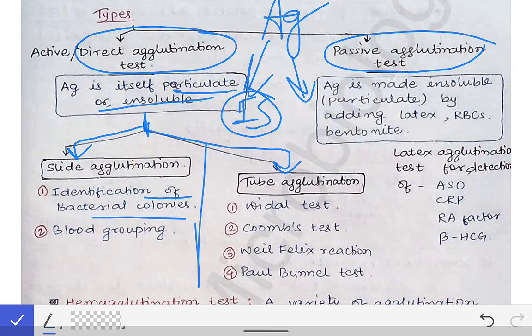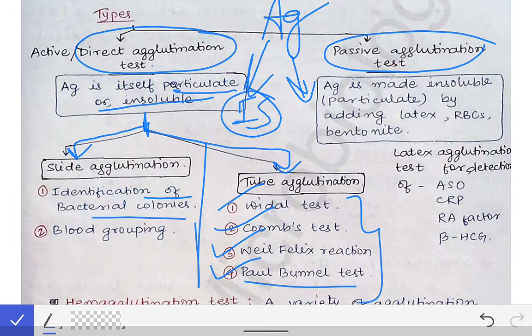In this way, we can quantify the antibody in the patient sera. This tube agglutination is useful in the Widal test, the Coombs test, Weil-Felix reaction, and the Paul-Bunnell test. These are all examples of the tube agglutination tests.